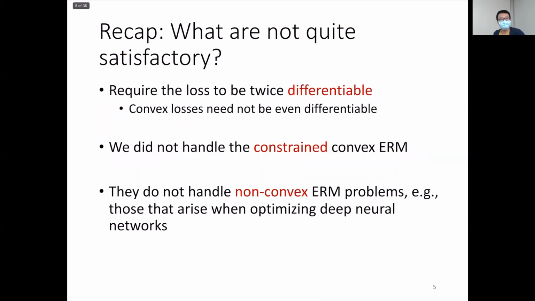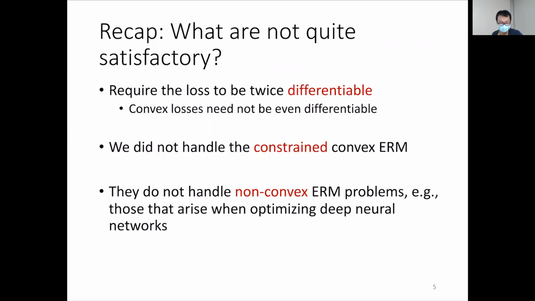So these two algorithms are interesting and somewhat clean, but the results that they are getting are not entirely satisfactory, except for a very restricted setting of generalized linear models. They require the loss to be twice differentiable and do not handle constrained convex empirical risk minimization, when there's a pre-specified feasible region of the parameter vector that you have to use.